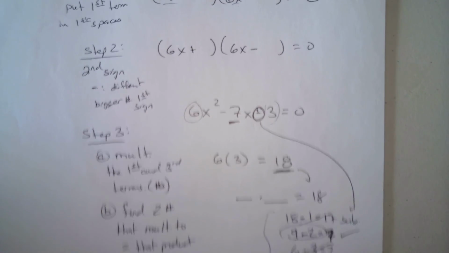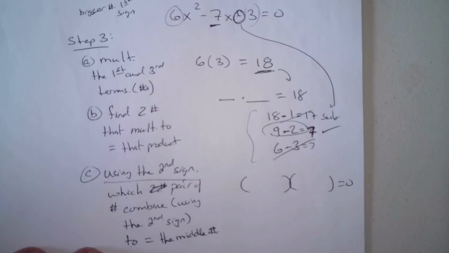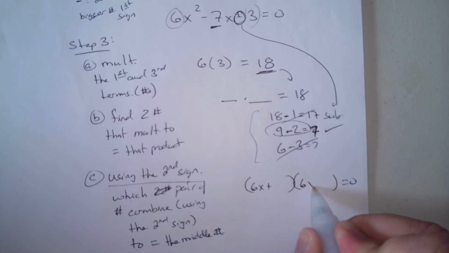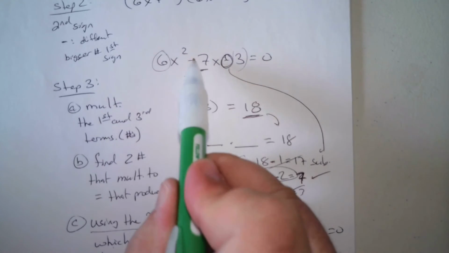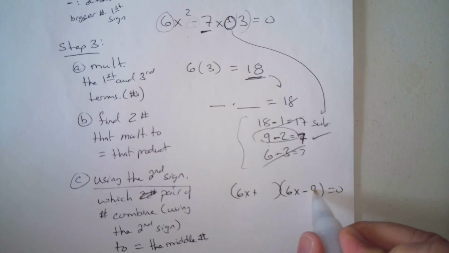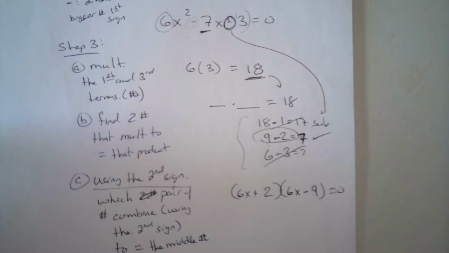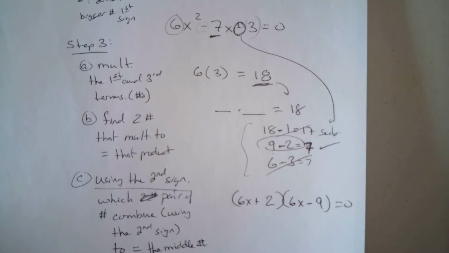So in our factored version here, we had 6x plus, 6x minus. Since the first sign is minus, the 9 gets the minus. The plus goes to 2. Okay, so far everything is the same as last, except now we have one extra step.